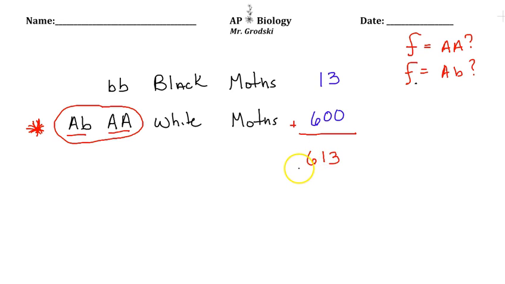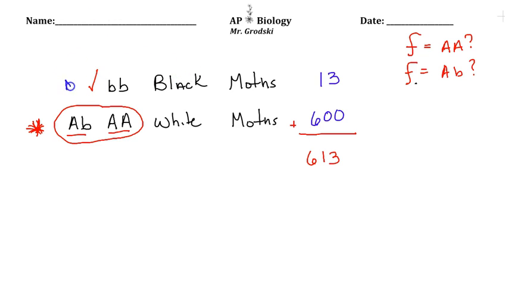Now, I can't really start from the white moth because I don't know if this white is either homozygous dominant or heterozygous. So I'm going to start from my recessive allele. That is absolutely vital.